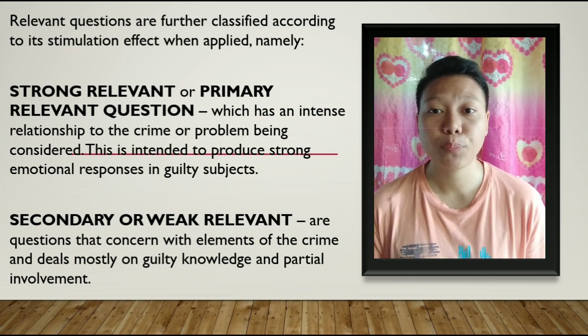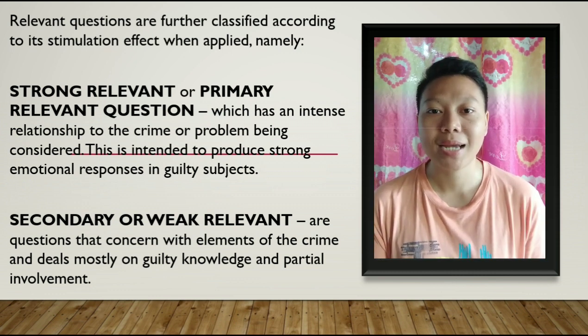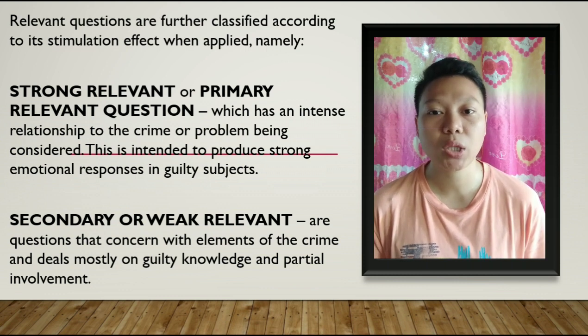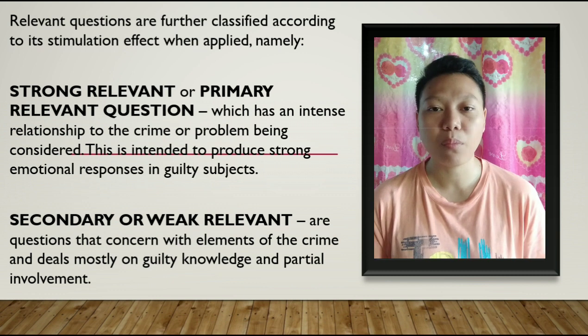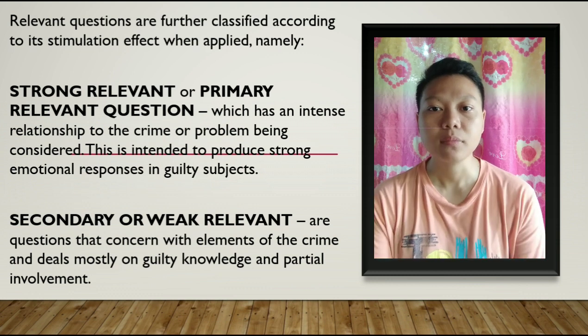This is intended to produce strong emotional responses in guilty subjects. Next, secondary or weak relevant questions concern elements of the crime and deal mostly with guilty knowledge and partial involvement.